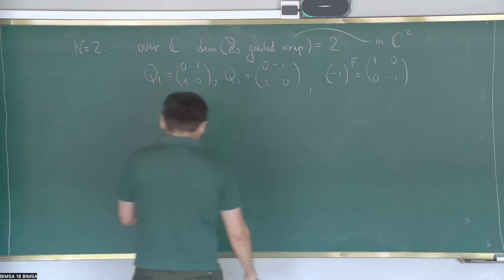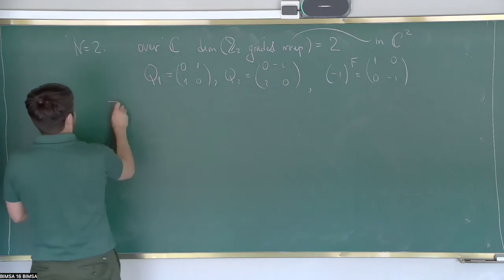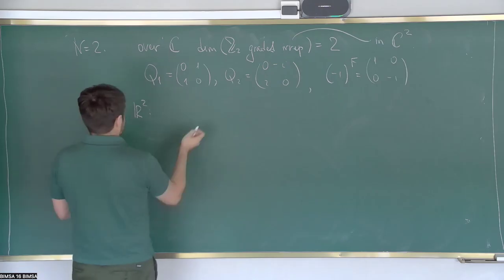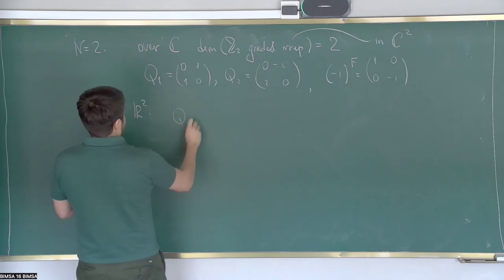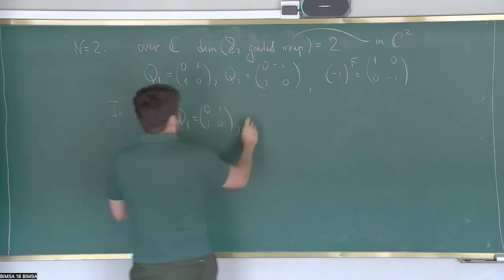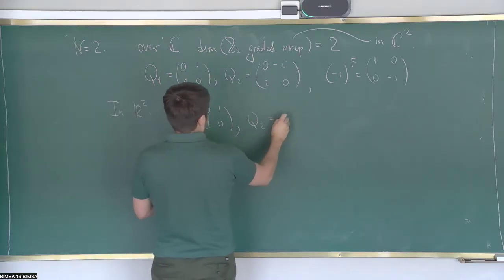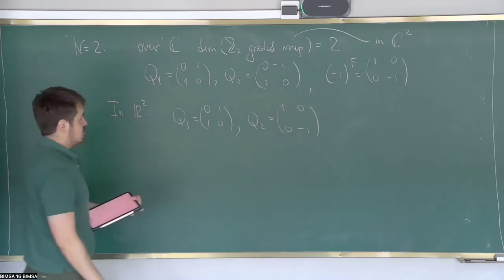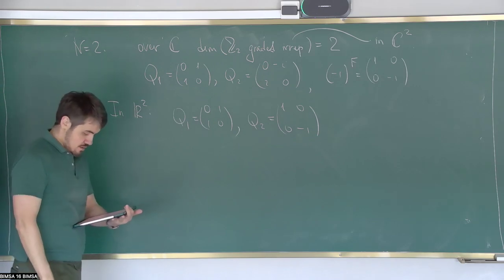So in R2, you could say that Q1 is 0, 1, 1, 0, and Q2 is, for example, 1, 0, 0, minus 1. So these are real matrices. So this is a representation in R2.